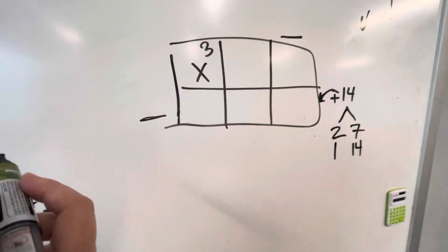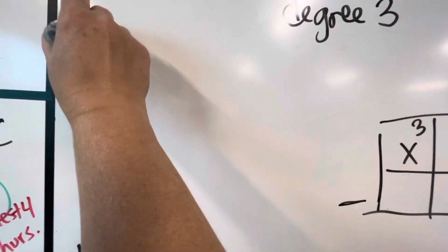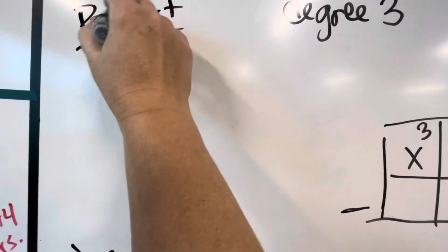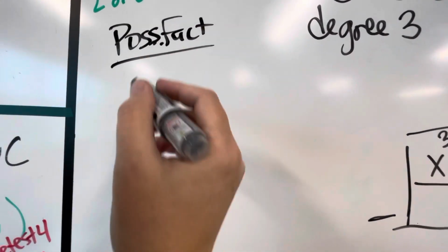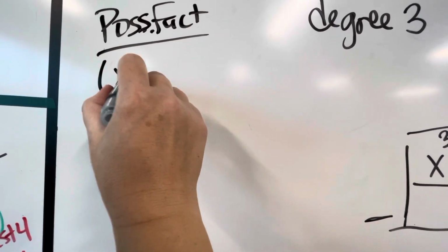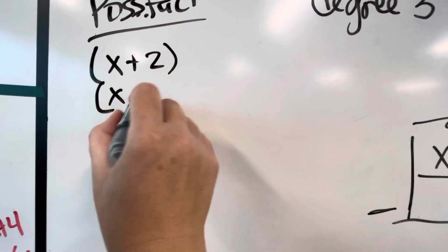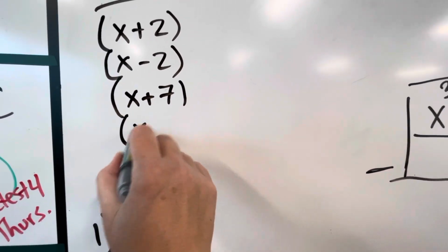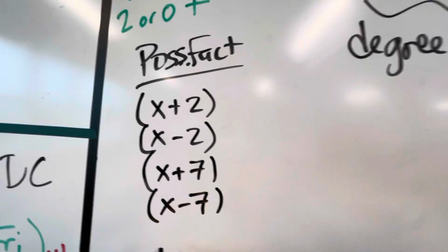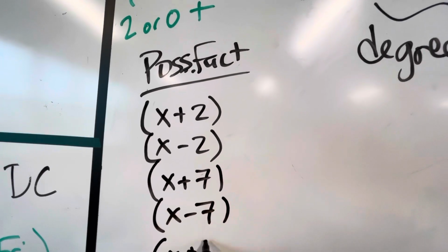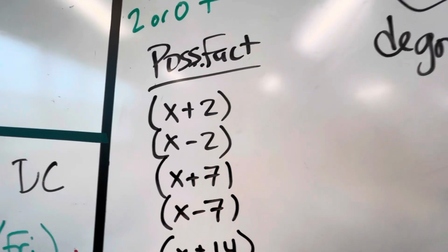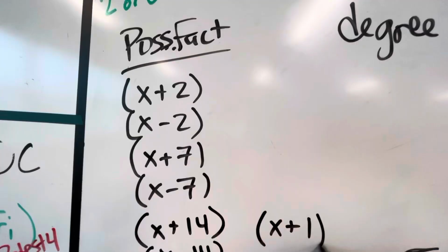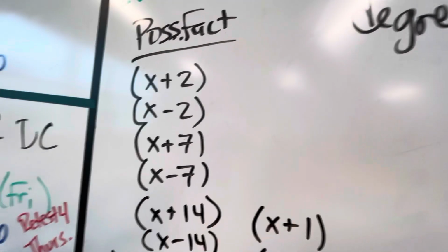So my list of possible factors is going to be x +2, x -2, x +7, and x -7. And then I'm going to also have x +14, x -14, x +1, and x -1.